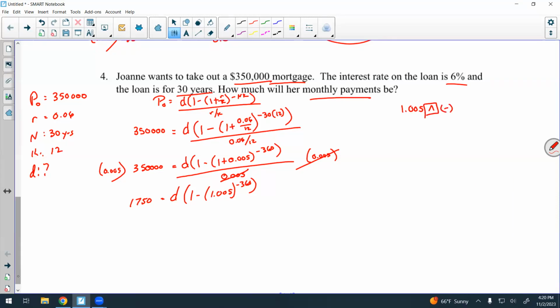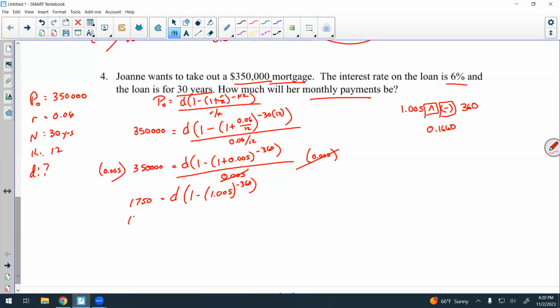1.005 to the negative 360. And I get 0.1660.